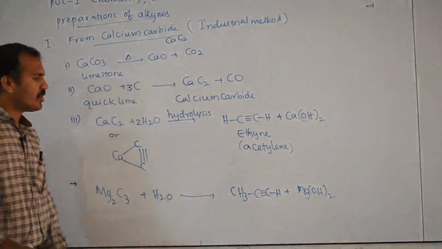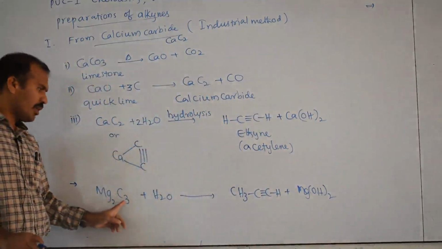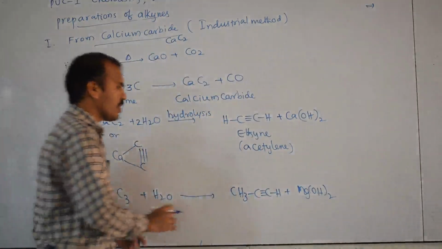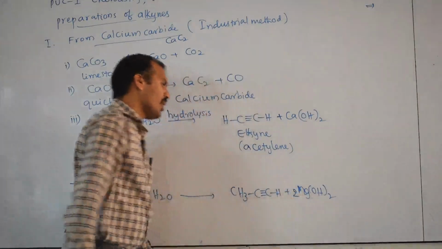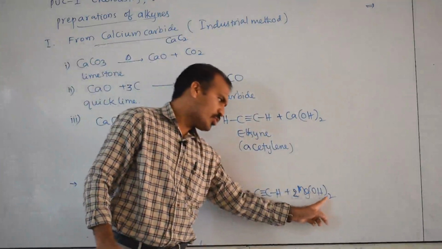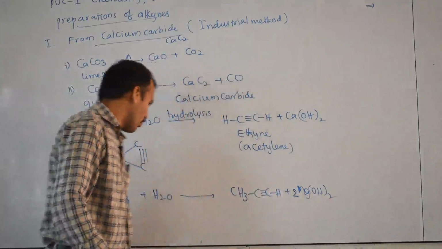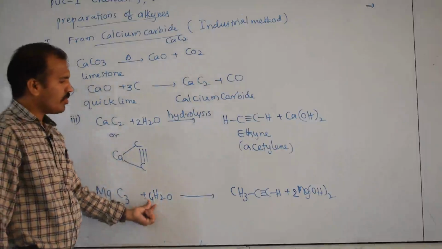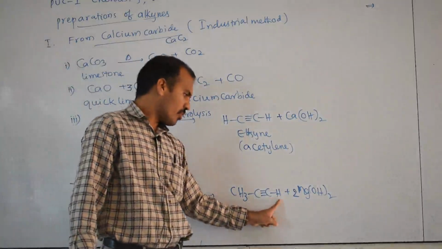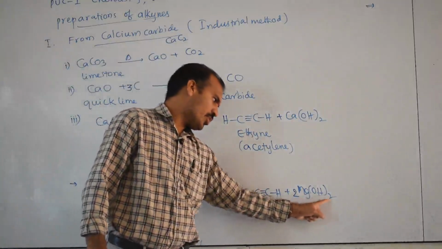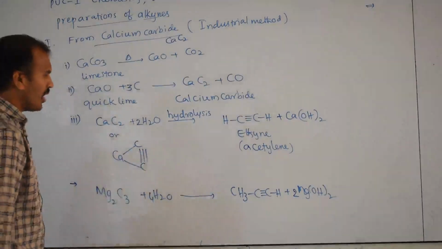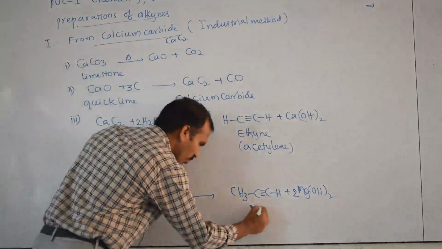Now we can balance: 3 carbons are there, 1, 2, 3. Magnesium 2 is there, therefore magnesium 2. Oxygens are 2 into 2, 4, therefore here 4. Hydrogens are 4 into 2, 8; 3 plus 1, 4, and here 2 into 2, 4, 4 plus 4, 8. Oxygen 8, hydrogen 8, balanced. Its name is propyne.